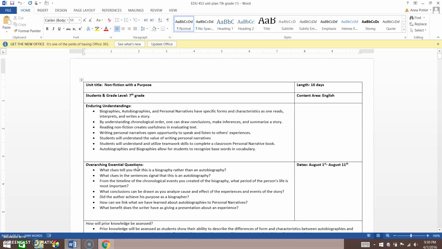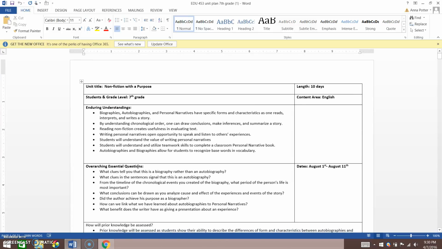So when we're talking about assessment, students will be assessed throughout this unit using completing hands-on concept maps that I talked about earlier that will help them view and understand the differences between genres of nonfiction, along with completion of concept maps, foldables, and reading guides.